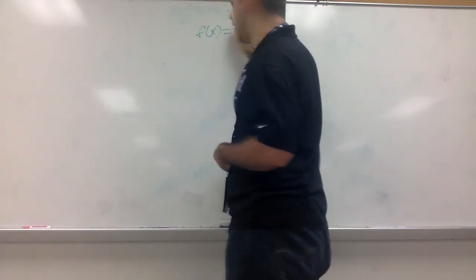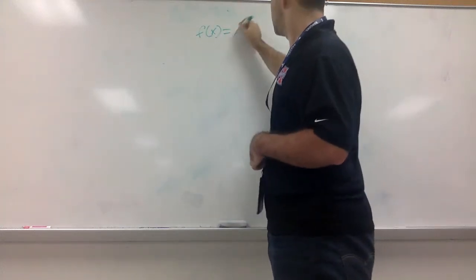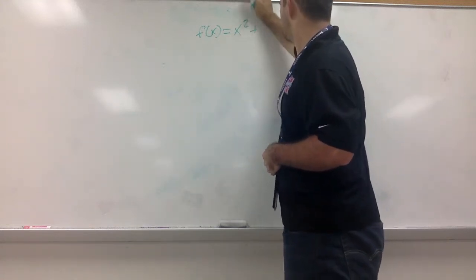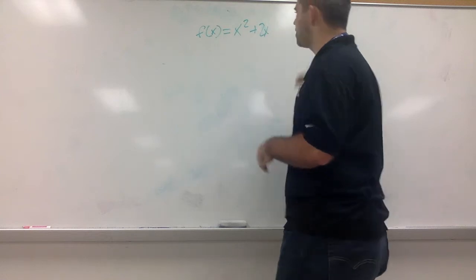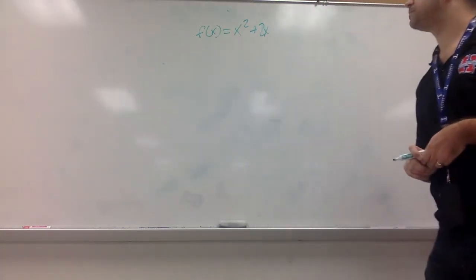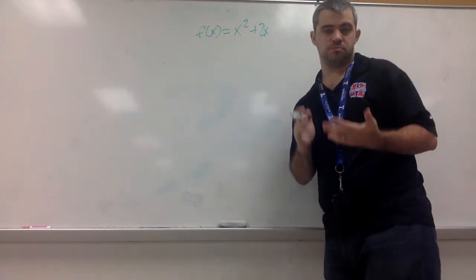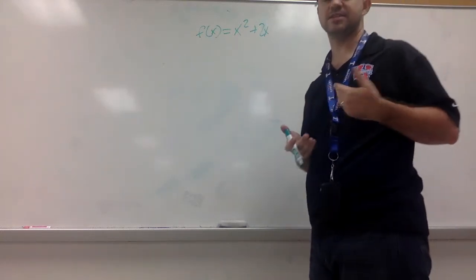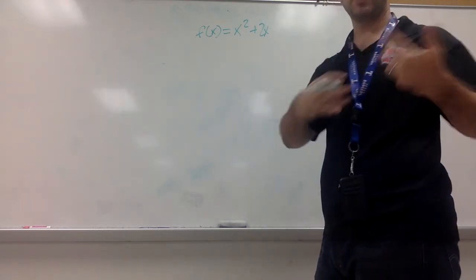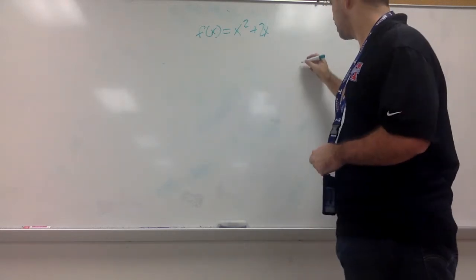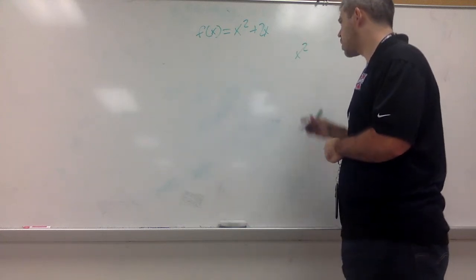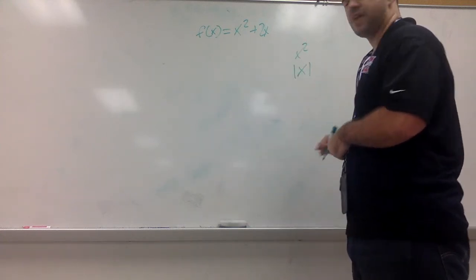Next problem asks, can we find an inverse to this? If so, what's the inverse? I can tell you, just staring at it, this thing is not invertible. Some operations that are not fully invertible are any of your even functions like x squared or absolute value of x.